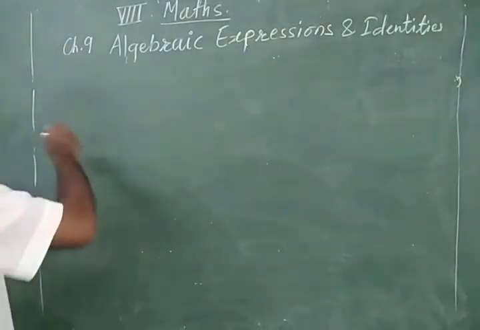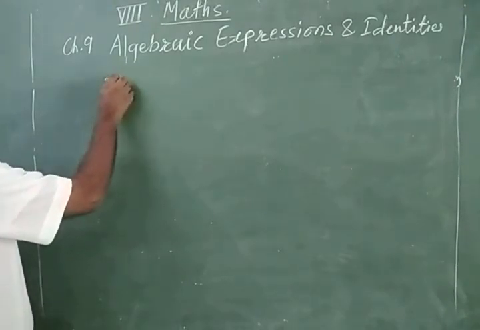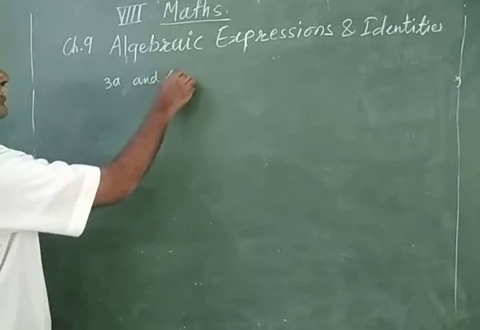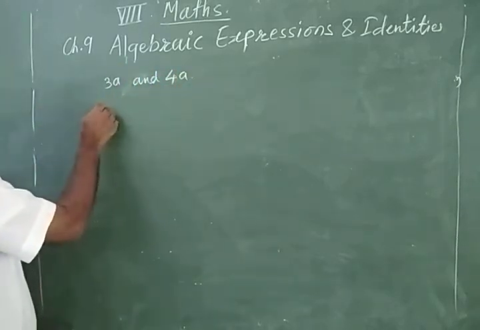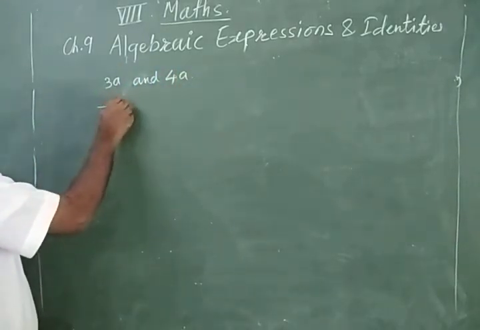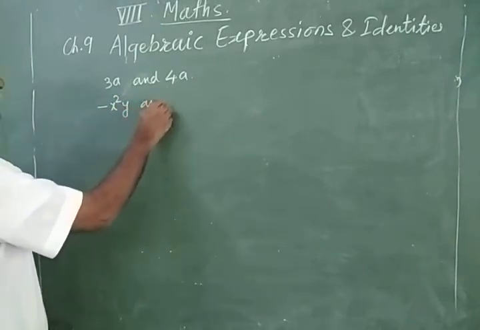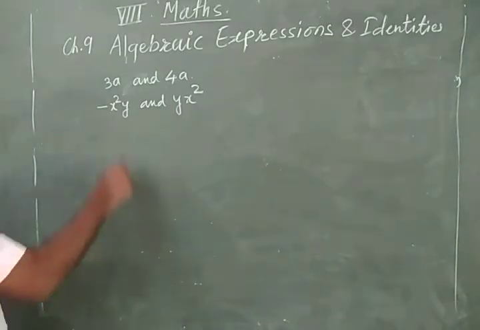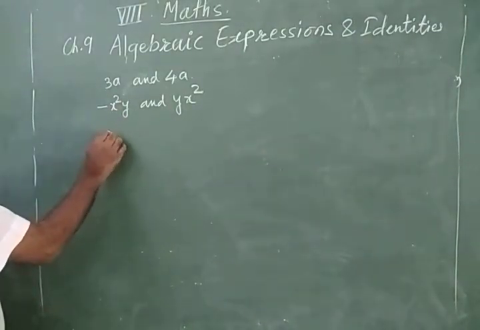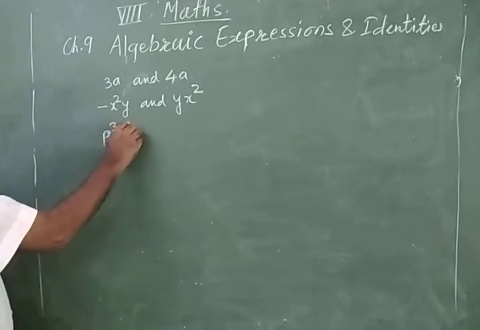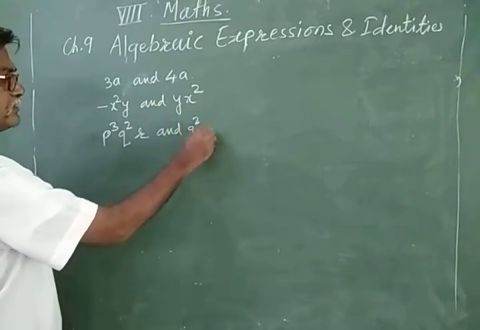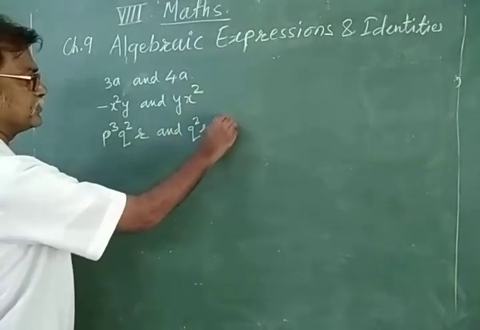Now, let us have some examples. 3a and 4a, minus x square y and y x square, p cube q square r and q square r p cube.